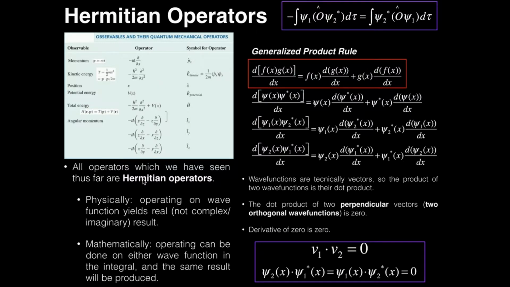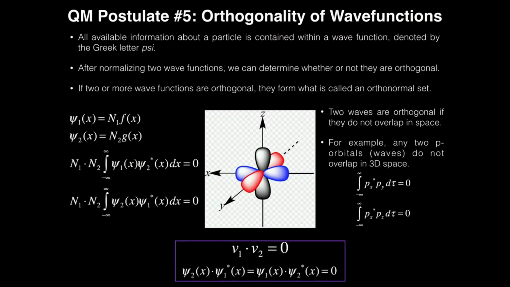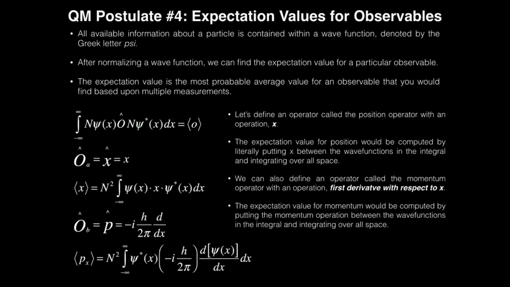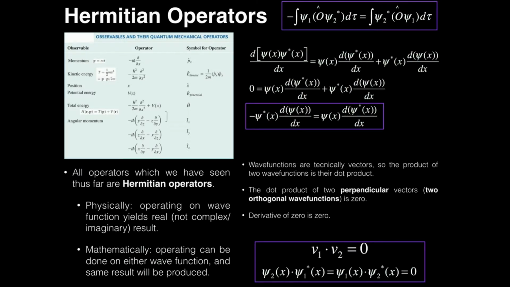But being Hermitian means the operator is two things. Physically, the meaning is, when you operate on a wave function, it yields a real result. For example, when we calculated expectation values, we threw the operator in on one of the wave functions, operated on it, integrated from negative to positive infinity, and we got some value.